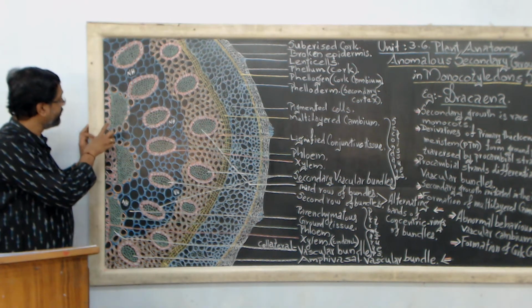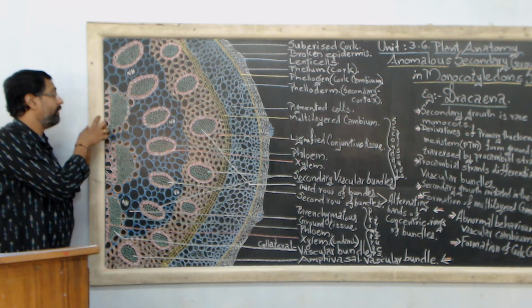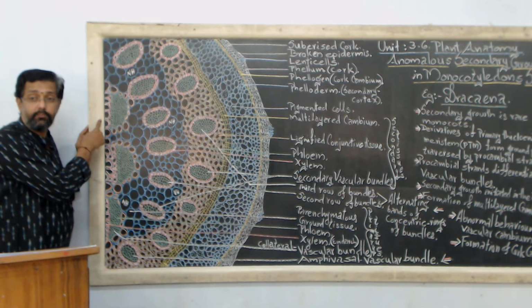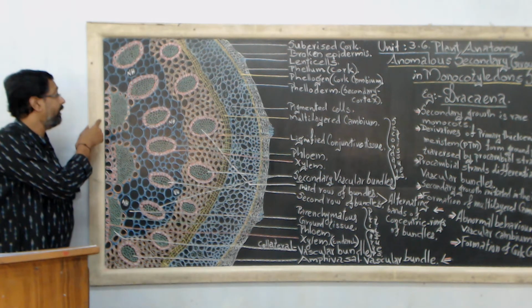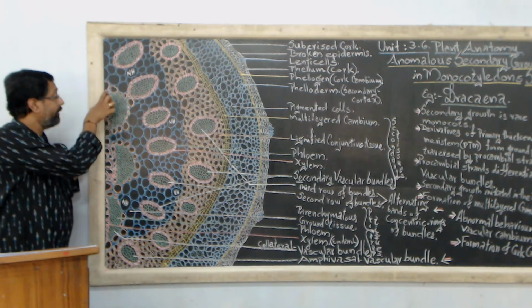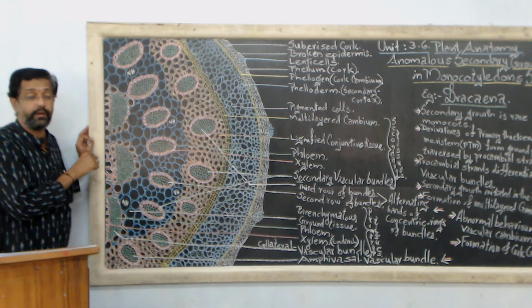And there we can see the bundles are conjoined and collateral, and they show the outer phloem and inner xylem, and both the vascular elements are devoid of the cambium at the center. So that is why the bundles are called closed bundles.